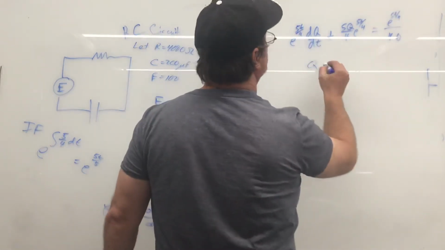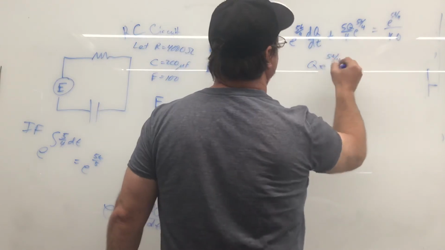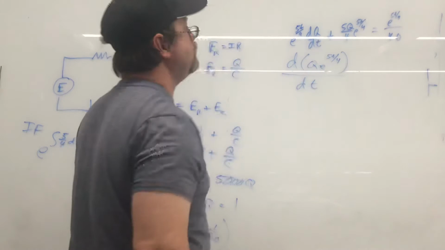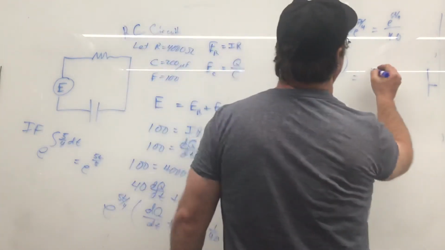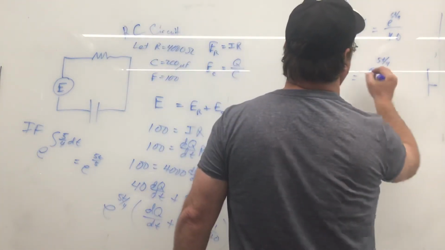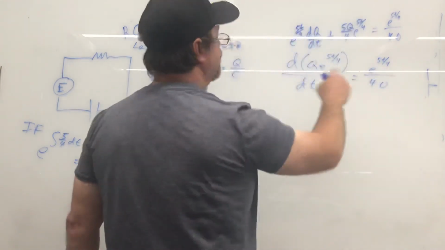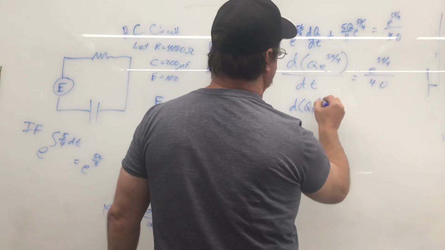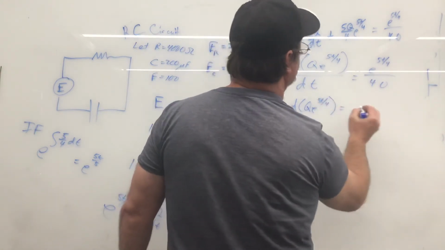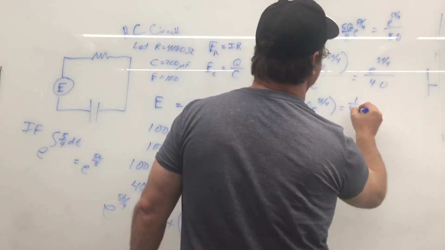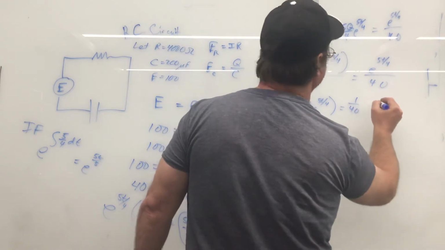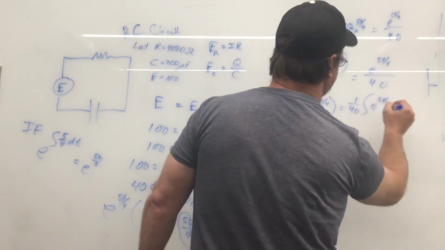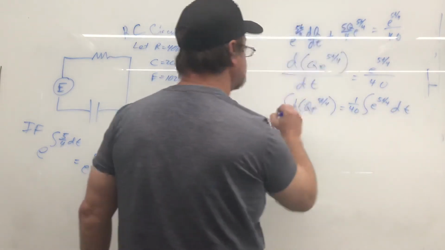So Q e to the 5t over 4, this is the derivative of that product. And I separate variables. And I'm going to integrate both sides.